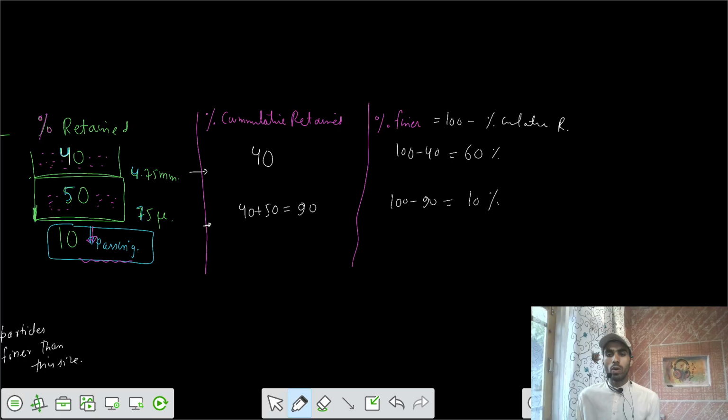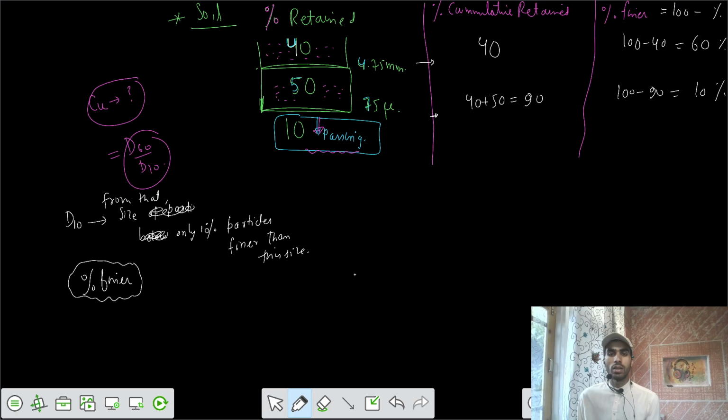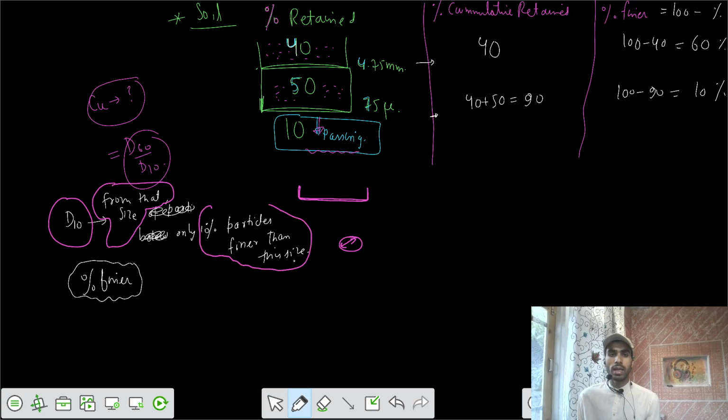So what is the definition for your D10? D10 tells us that this is a particular value of the size, such that only 10% of the total particles are going to be finer than this size.